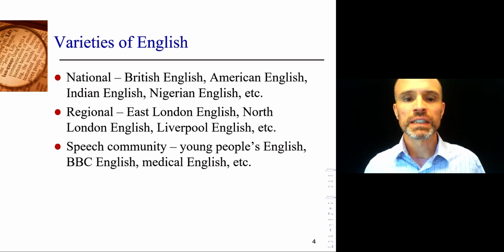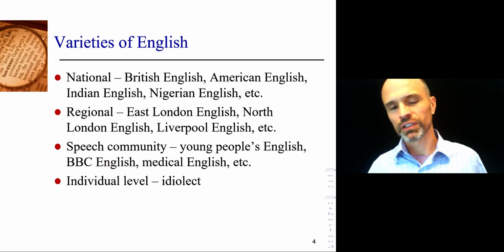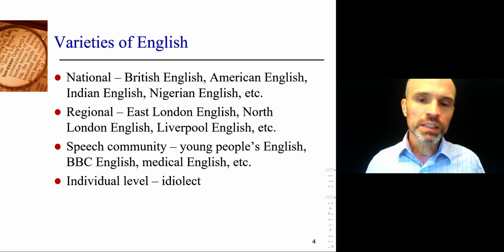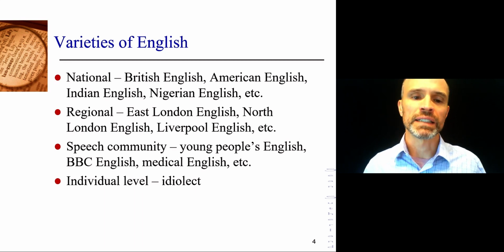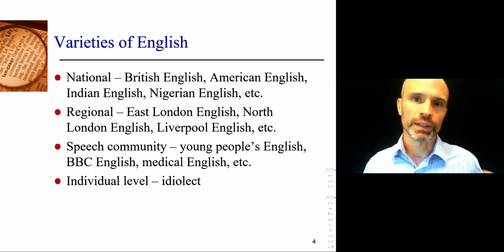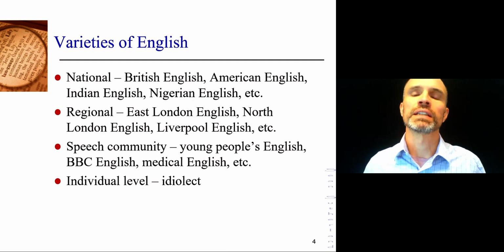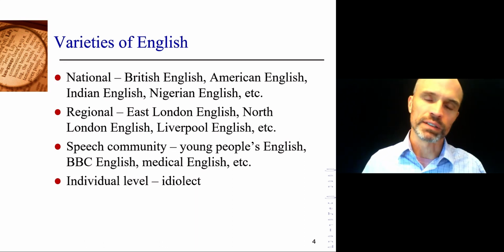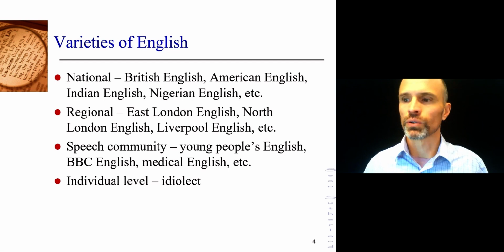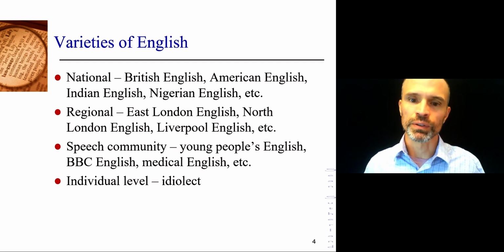So, speech community. You can even go down to a very low level and think that each of us speaks our own idiolect, right? We each have our own variety of English. Even if you and your twin brother or twin sister were born and raised in virtually identical conditions, perhaps she reads science fiction and you read historical dramas, or he plays football and you play tennis, what have you.